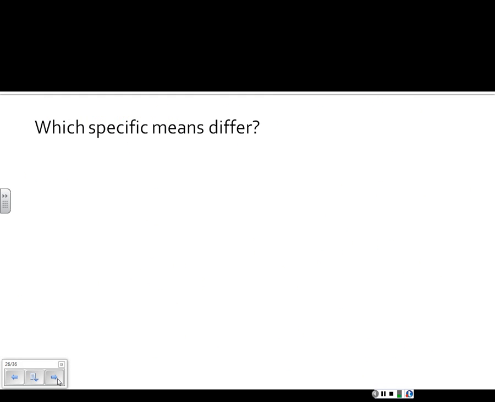Then, which specific pairs of means differ? You can do these two steps in whichever order makes the best sense to you. I'm going to get the difference between each set of sample means.